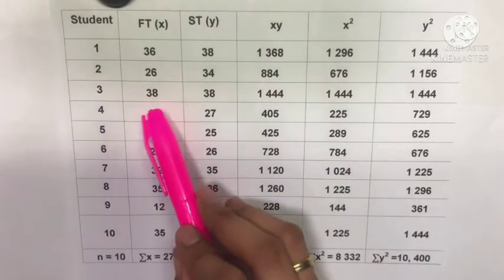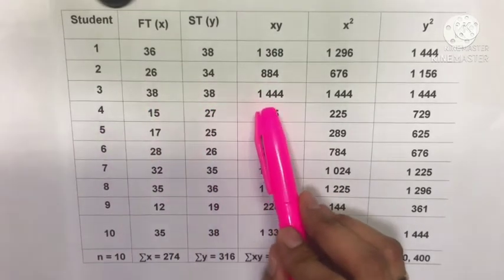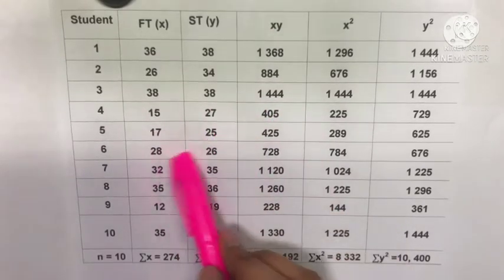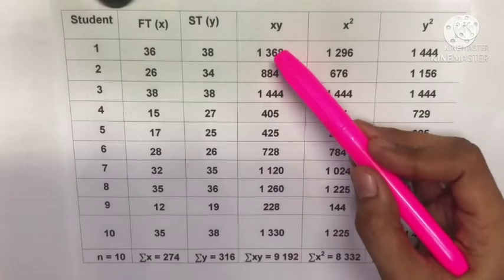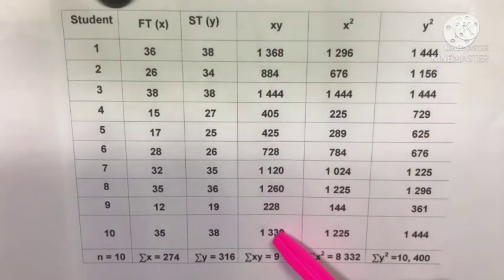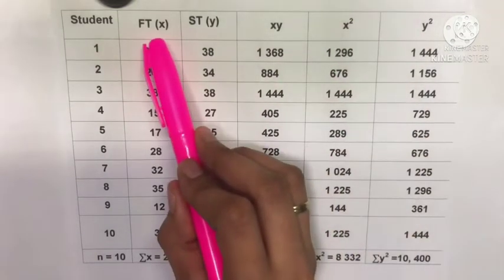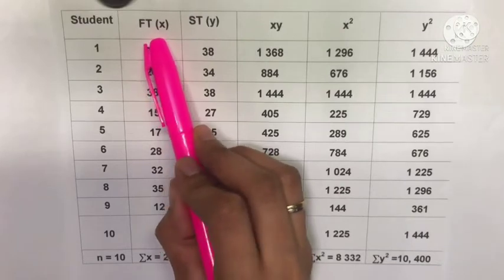For the third student, 38 times 38 equals 1,444, and so on. Okay? So if we add all of this, the result is 9,192. So therefore, the summation of xy is equal to 9,192.